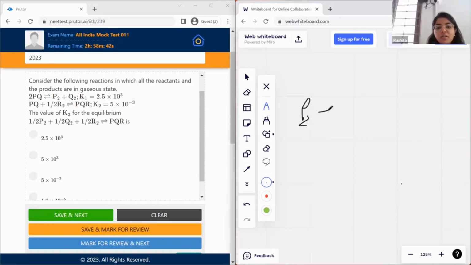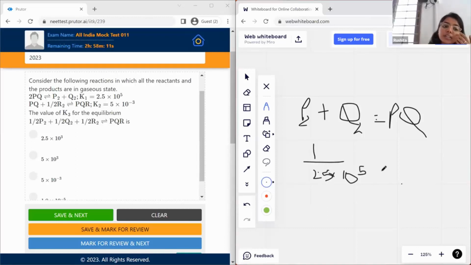And we need to inverse the K1, because when we reverse the reaction, we need to inverse the K as per the rules to make it go with the equation. So K1 would now be 1 by 2.5 into 10 raised to 5.